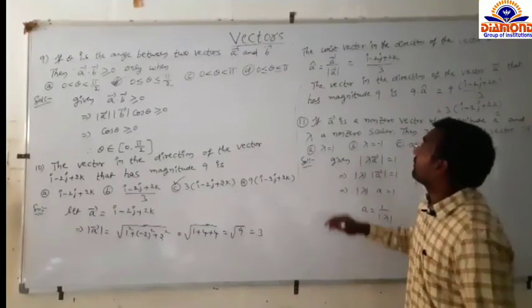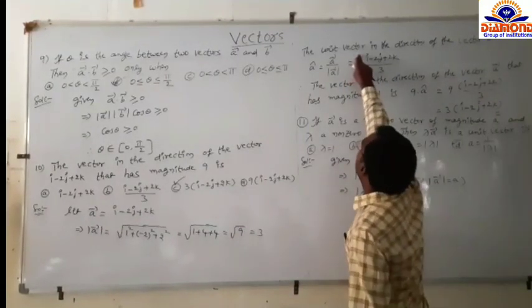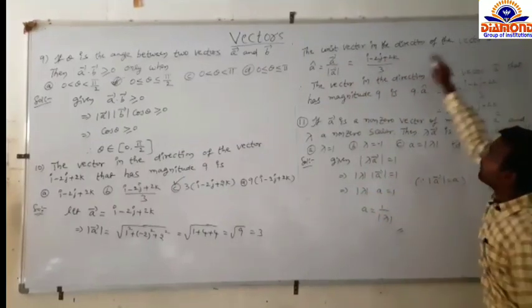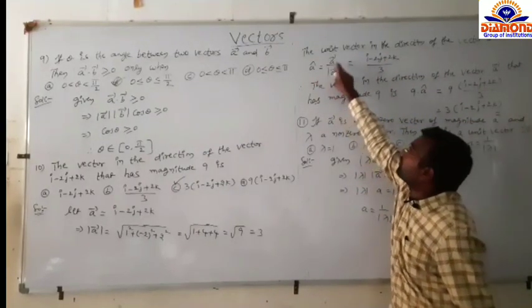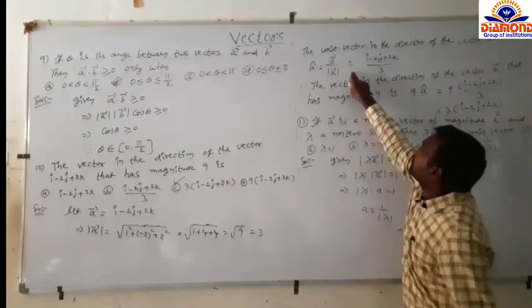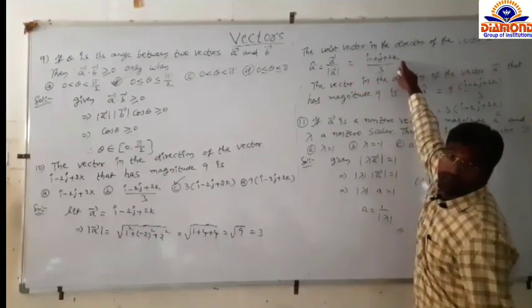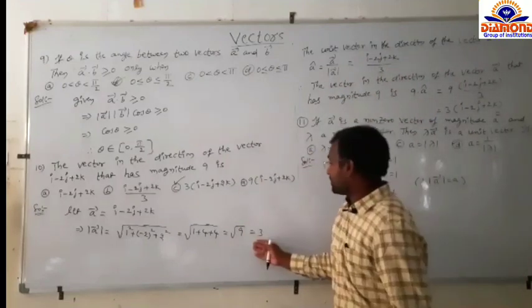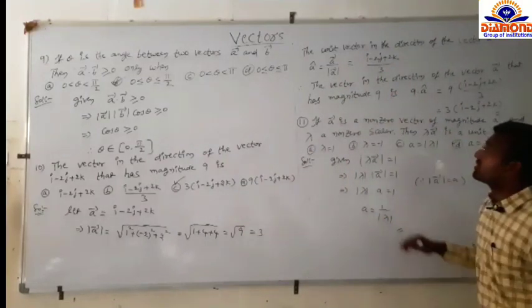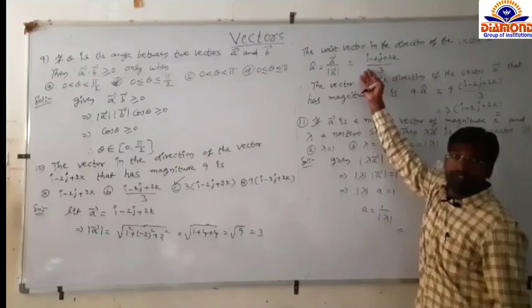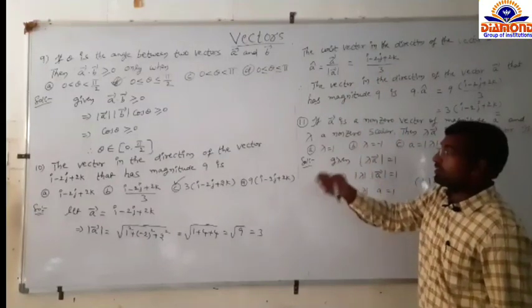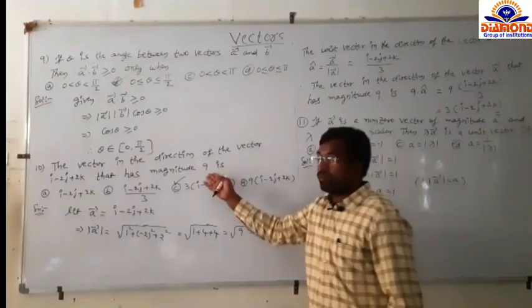So what is the unit vector? The unit vector in the direction of the vector a bar is a cap, which equals a by mod a. A bar is the given vector i minus 2j plus 2k, divided by mod a, whose value is 3. So this is a unit vector in the direction of the given vector, but finally we need the one which has magnitude 9.